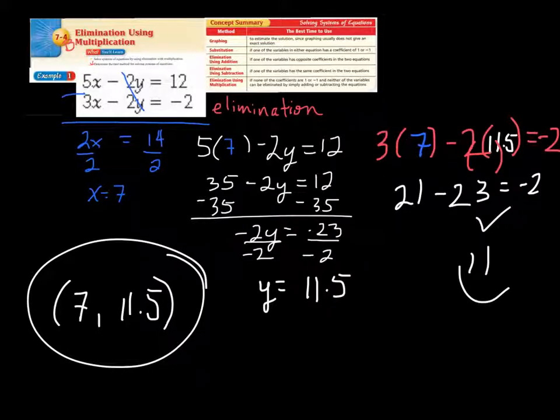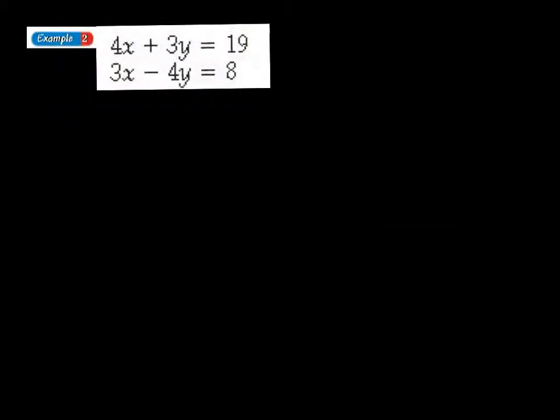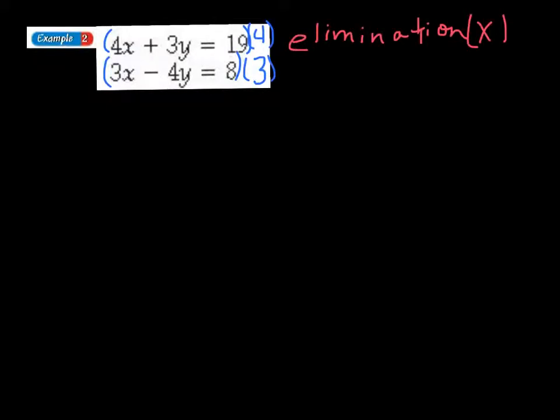It's great. In this system of equations, I don't have any coefficients of 1, and I don't have any coefficients that are the same or opposite. So I'm just going to have to do elimination, but I'll have to multiply first. Now, I think most people prefer adding opposites.